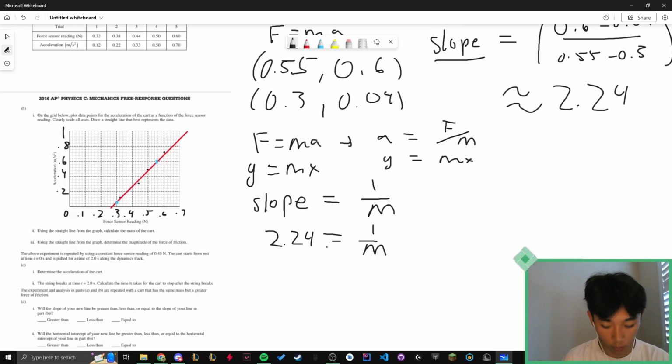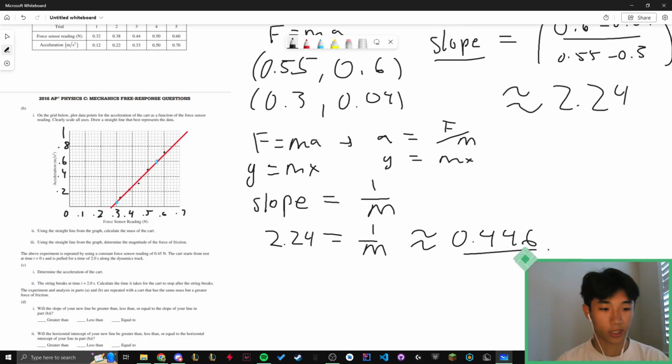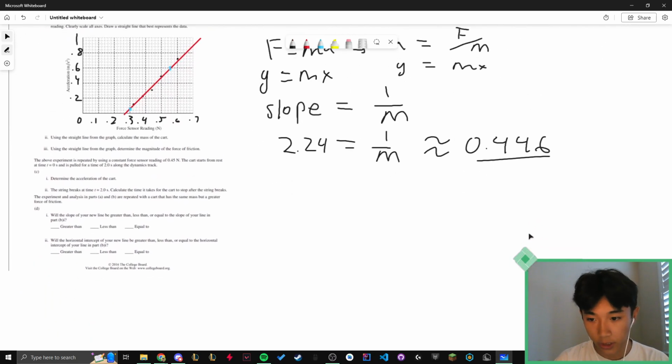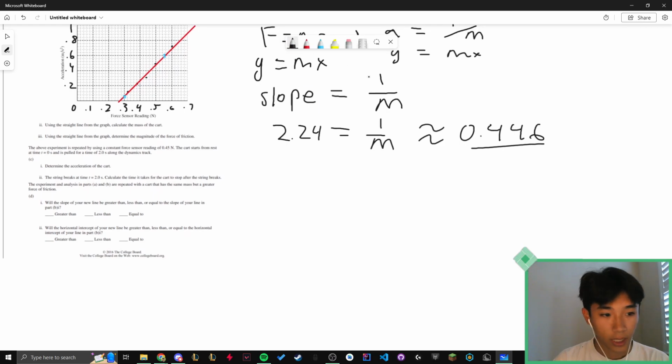That's really just 1 over 2.24, which is roughly equal to 0.446, which is roughly close to the actual answer. That should get you the point. And don't forget your units. I almost forgot the units there, which is kg.